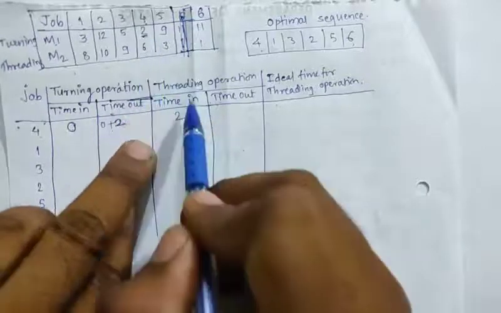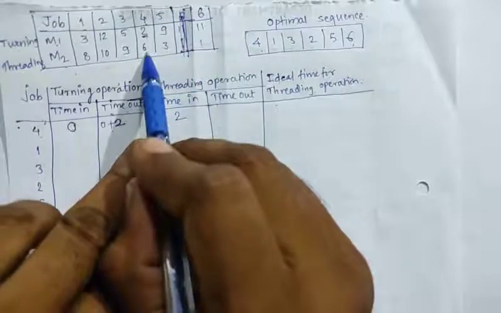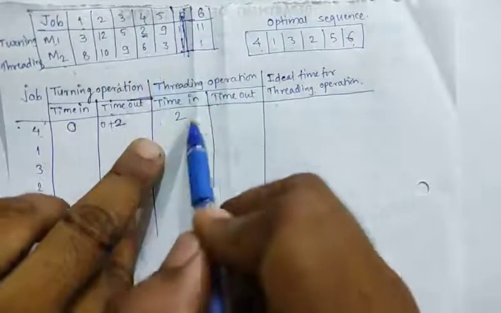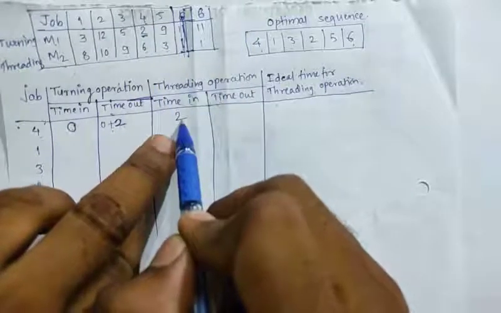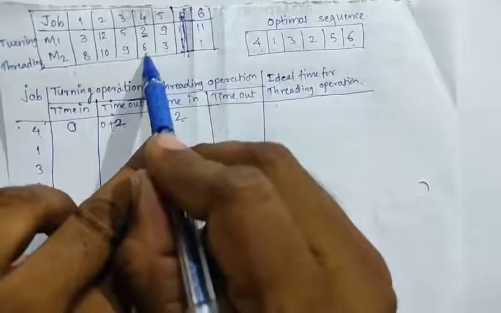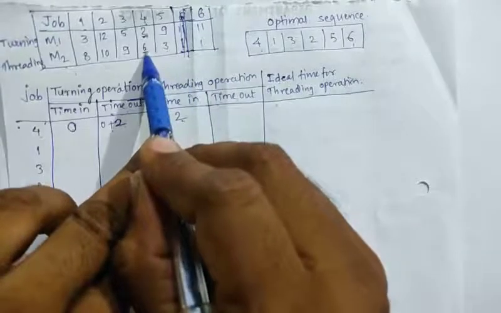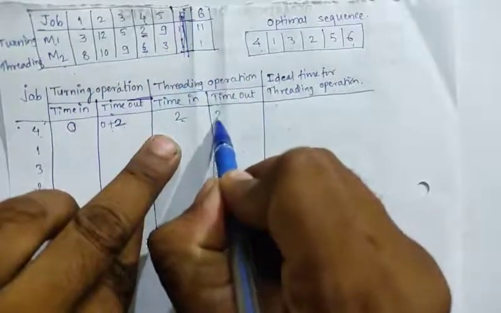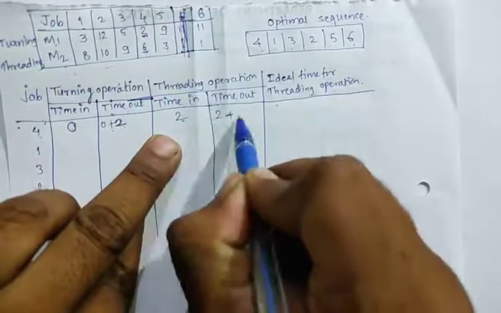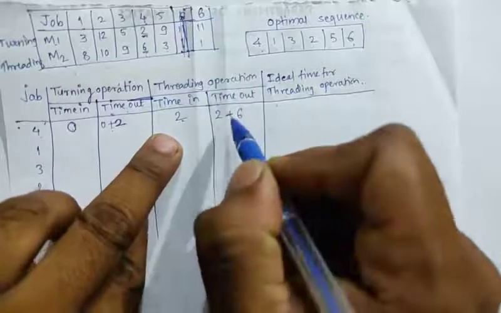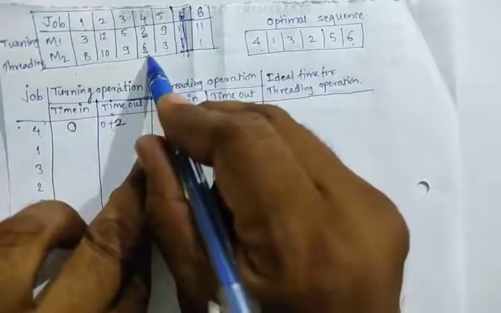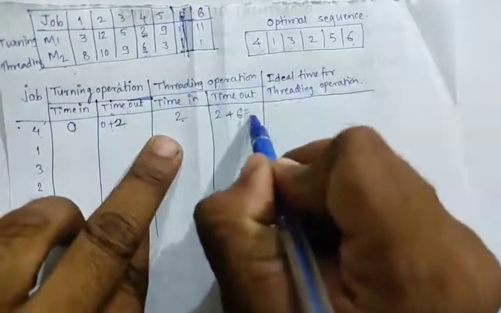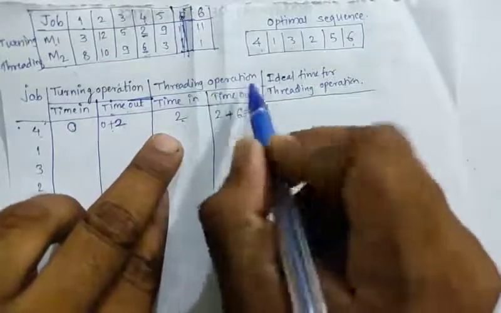So for the threading operation on machine M2, after 2 minutes it goes to the second machine. What is its time out for the second machine? It requires 6 minutes. So 2 plus 6 equals 8 for the threading operation.